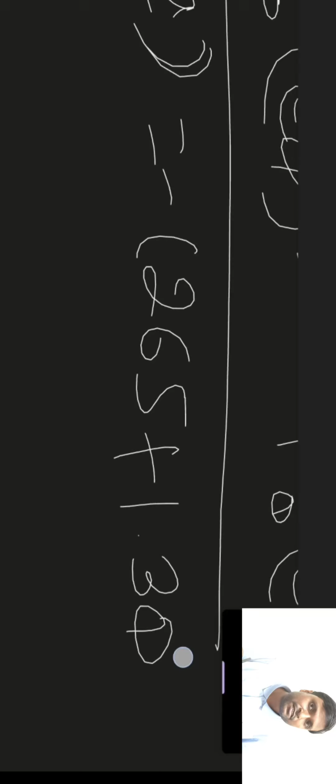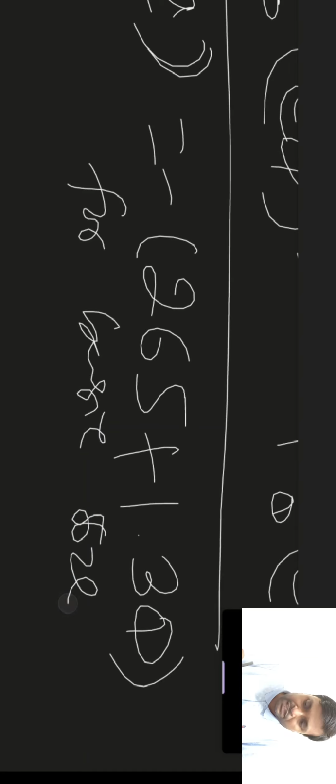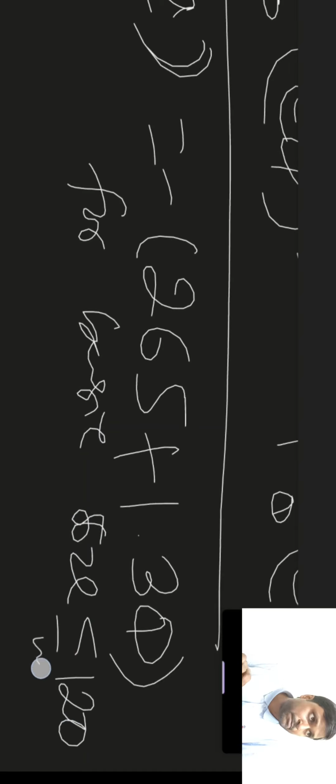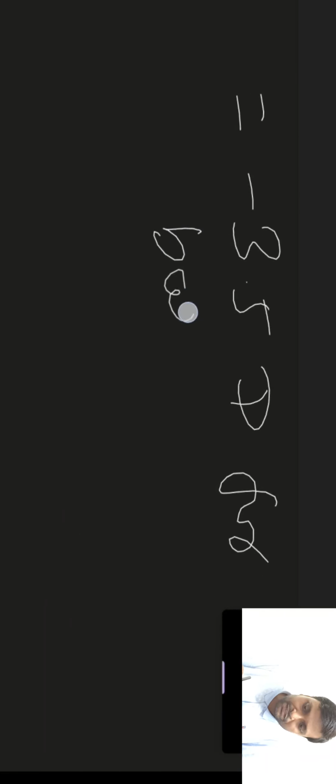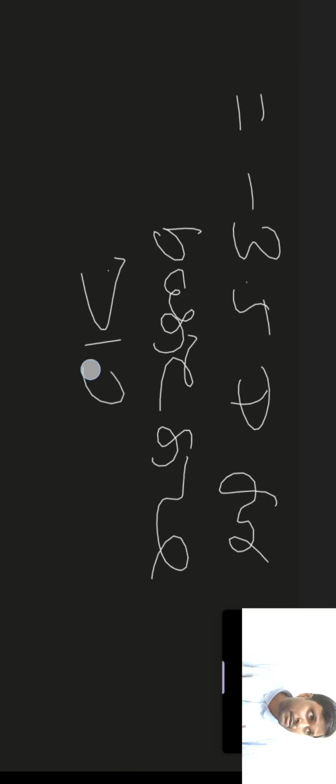For a shaft with fundamental deviation a, the formula is minus 265 plus 1.3D for basic size less than or equal to 120 mm, and it is equal to minus 3.5D for basic size greater than 120 mm.